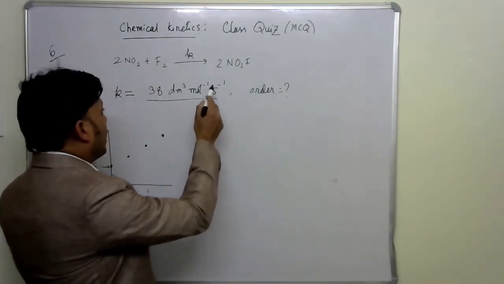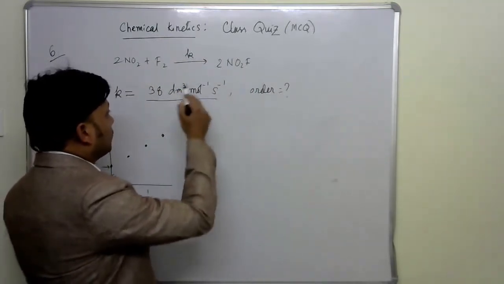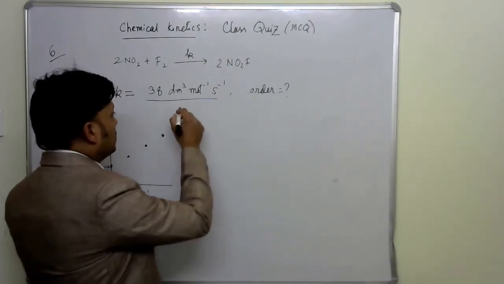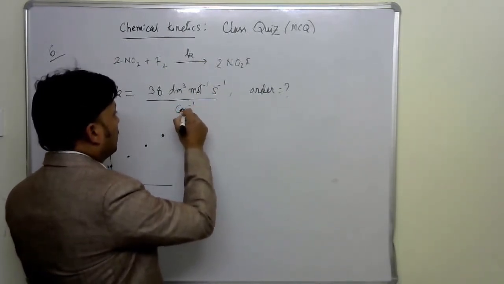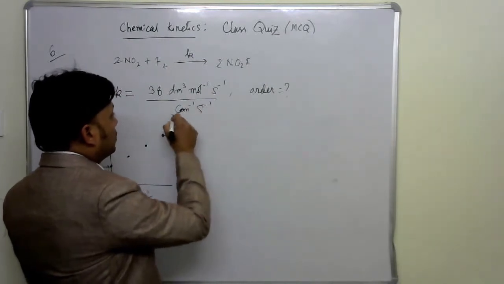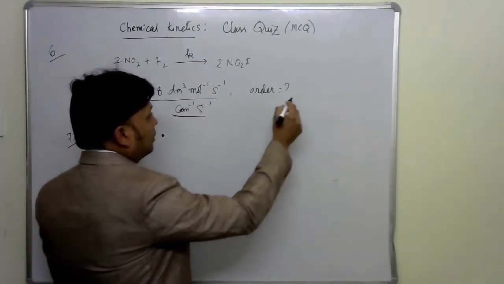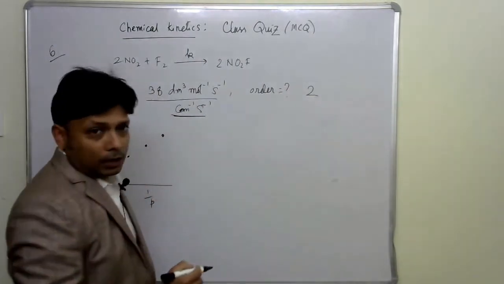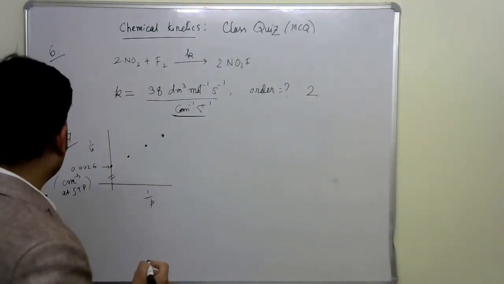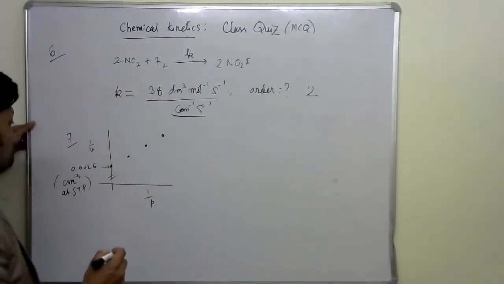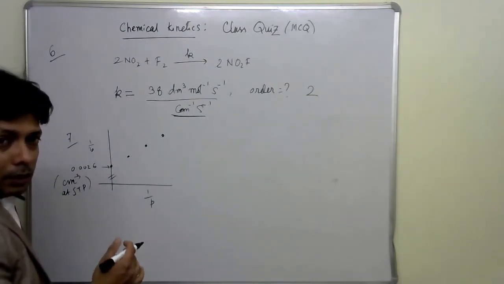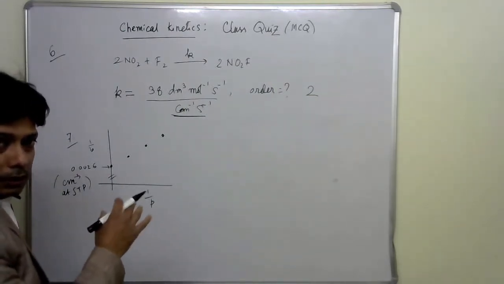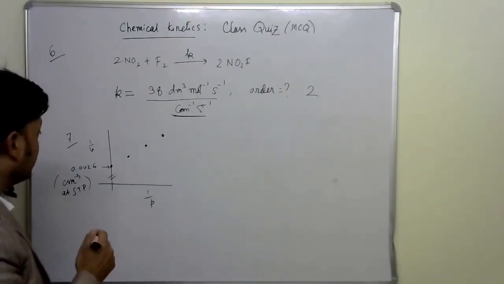By looking at the dimension of the rate constant, you see this is concentration inverse, second inverse. So that means the order is 2. It's a second order reaction. And next we go to question number 7. This is pretty much the similar problem that we just solved initially in tutorial number 3.